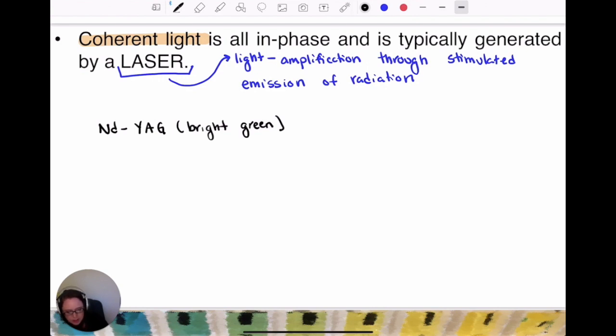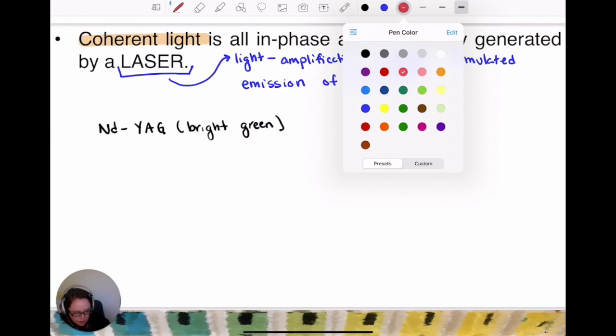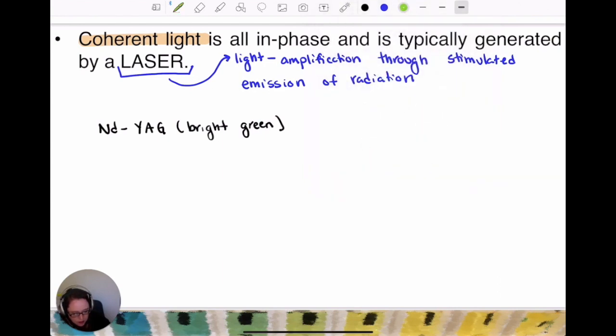A neodymium YAG laser is going to pulse light, so you have this stimulated emission or stimulated formation of light. It's really bright green, so we have a shorter wavelength light, medium visible.